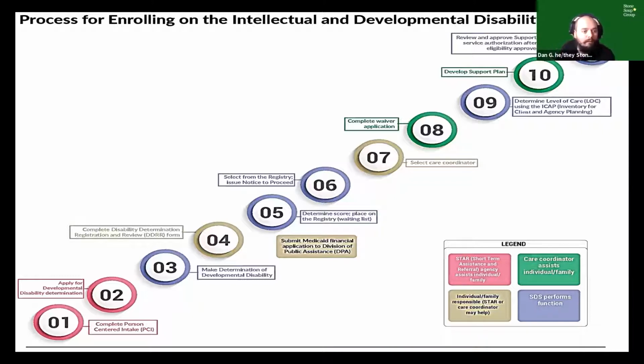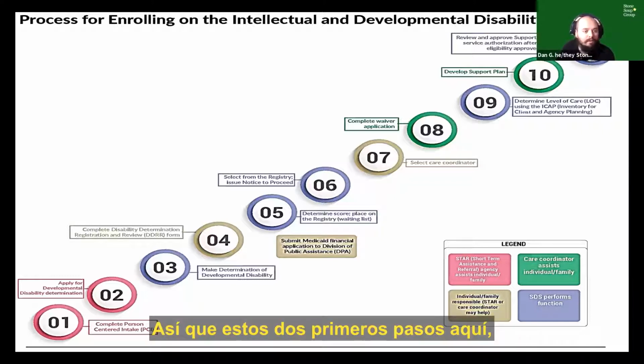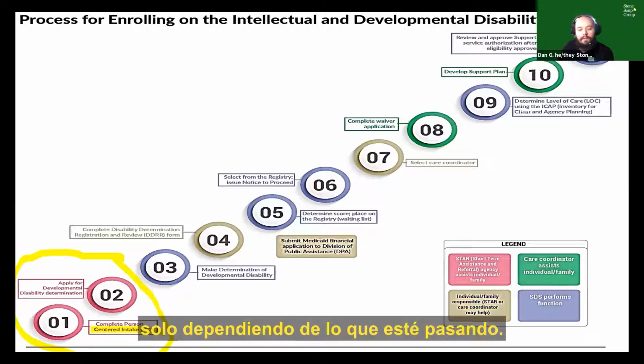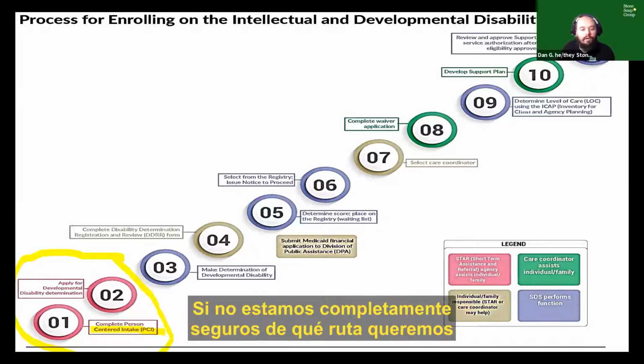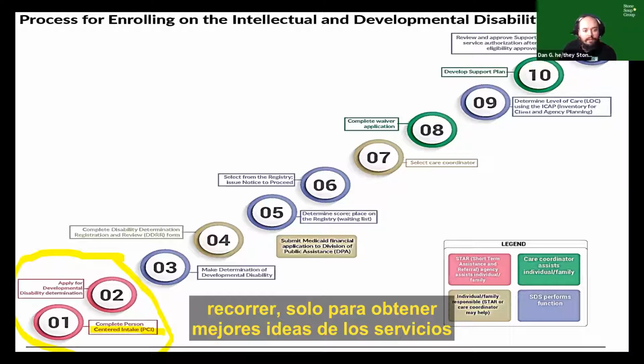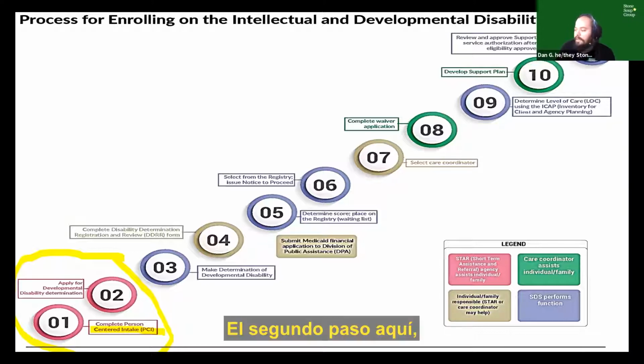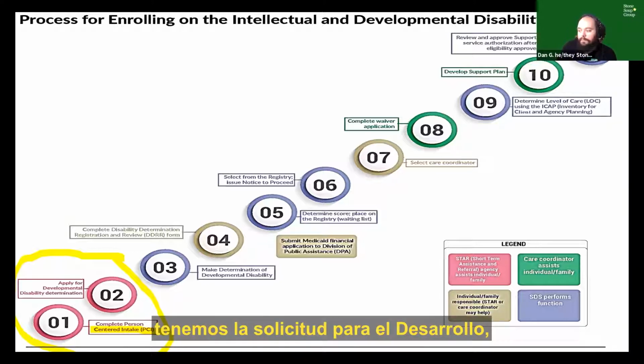So these first two steps here, this is where we may have done a PCI with somebody, depending on what's going on, if we're not entirely certain which route we want to go, just for better ideas for services in the community, as well as which waiver path to go. The second step here, we have the application for developmental disability eligibility. So that's that DDDA form.